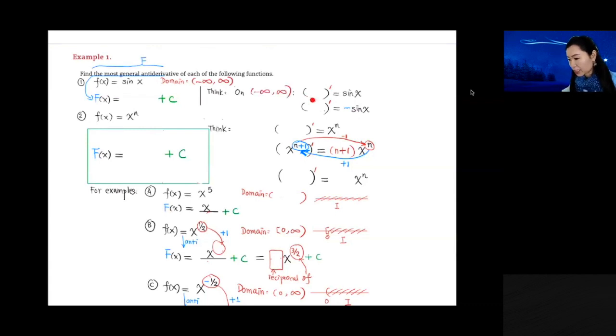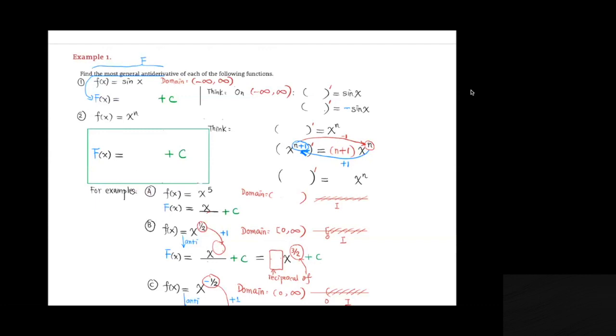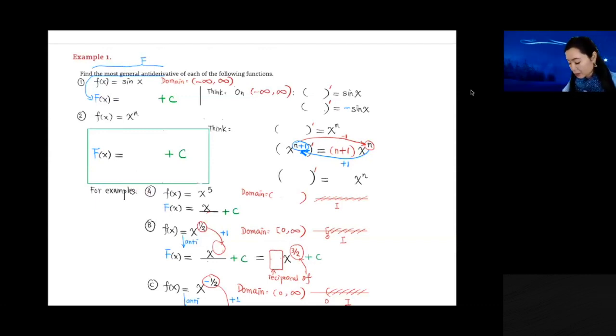What function, when I differentiate, I get sine x? Negative cosine x? Yes, negative cosine x. We know that for cosine x, the derivative is negative sine x. So in order for this to be positive, we need to make this opposite, so we put a negative sign here.